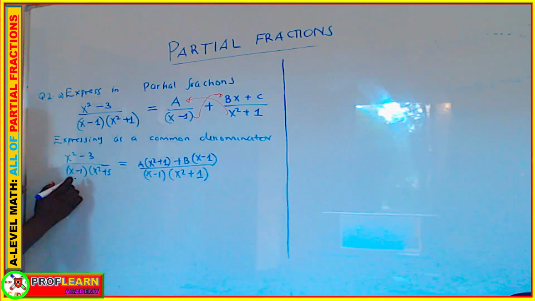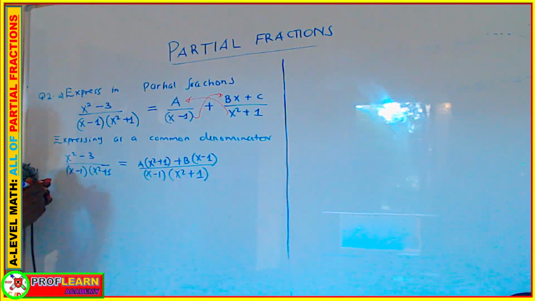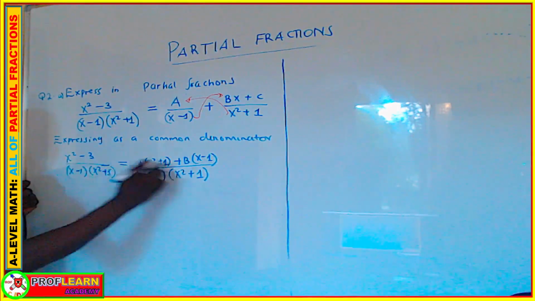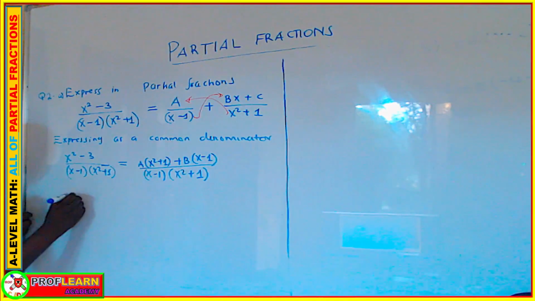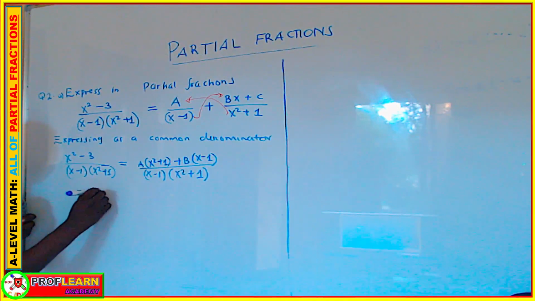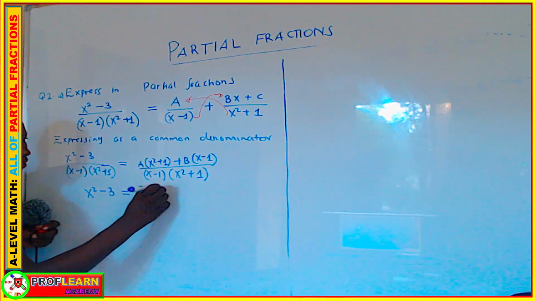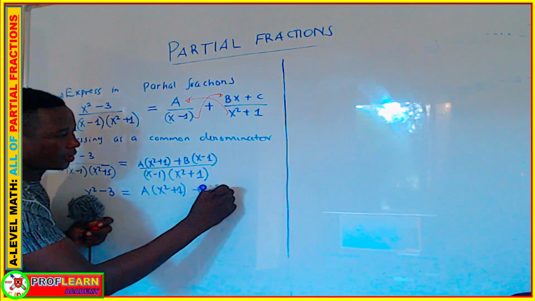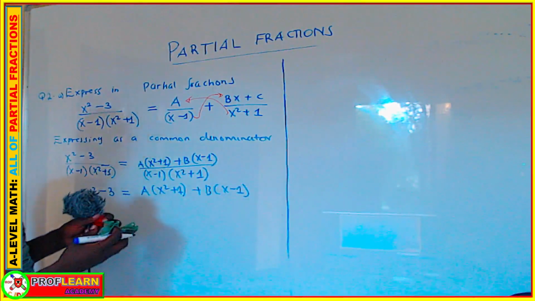Since the denominators are equal, we can equate the numerators, or multiply all through so that we cancel, and we remain with x squared minus 3 equals A(x squared plus 1) plus (Bx plus C)(x minus 1).